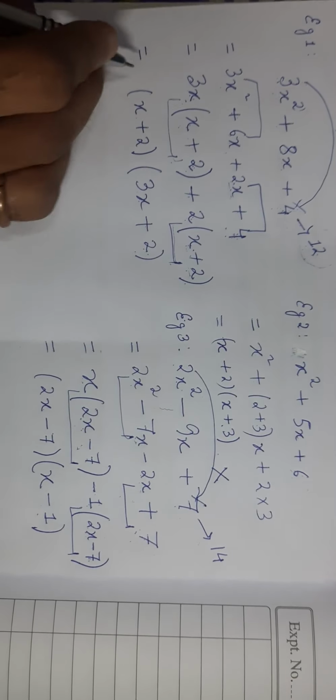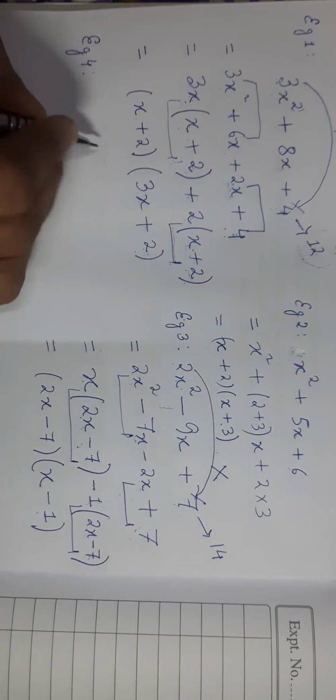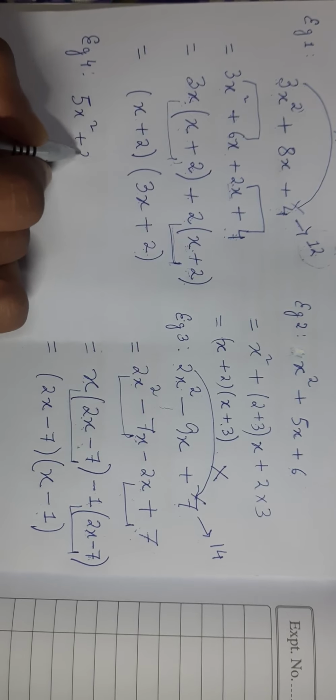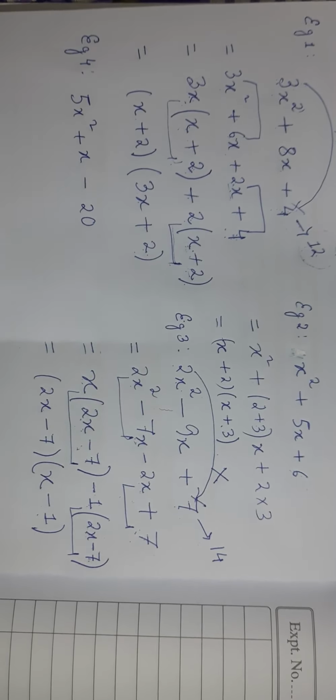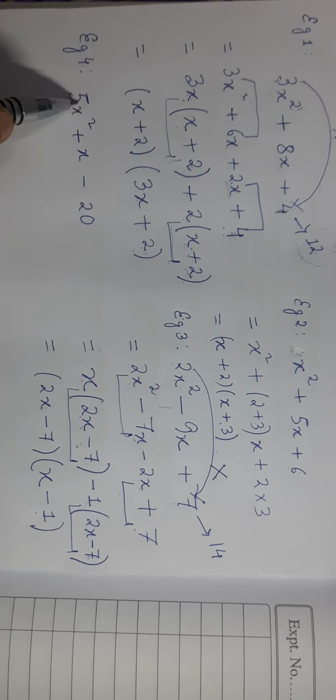Let us see one more example. 5x square plus x minus 20. Now in example number 4, once again we found that the coefficient of x square is other than 1, which is 5.